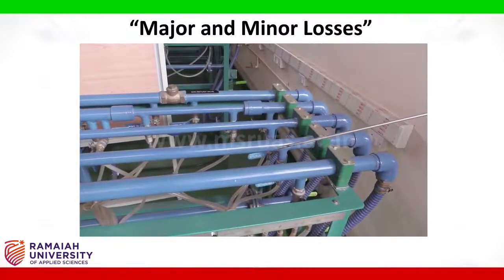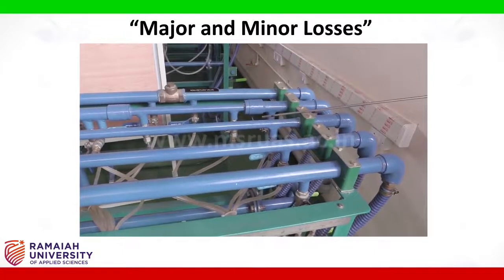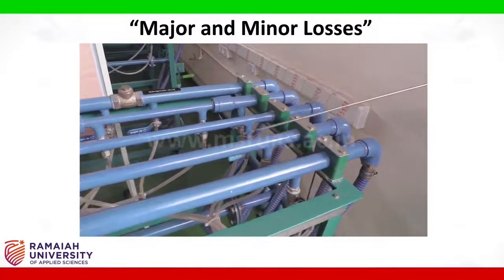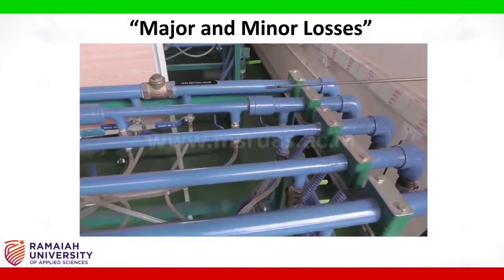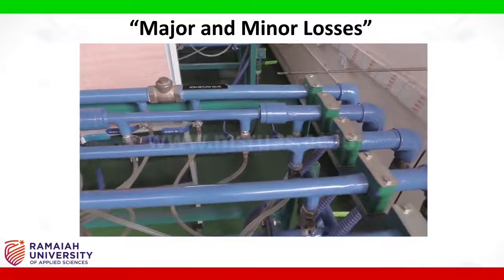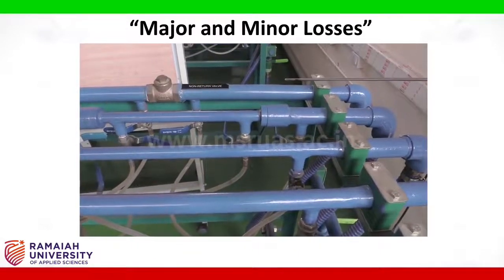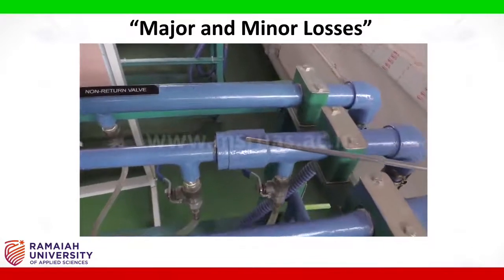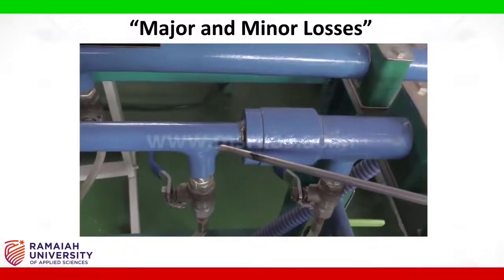In this setup, the first 3 pipelines, as mentioned before, are for the major losses, consisting of various diameters, and the last 2 pipes are to calculate the minor losses across various pipe fittings. On the 4th pipeline, the first minor loss can be calculated for the sudden contraction.